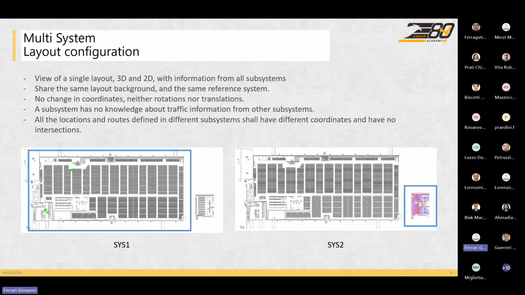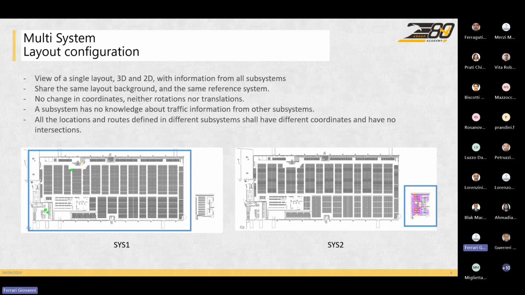Then we started in the very first slide of this presentation discussing the fact that multisystem was introduced to allow us to deploy new parts of the warehouse incrementally and independently from existing parts and existing fleets.